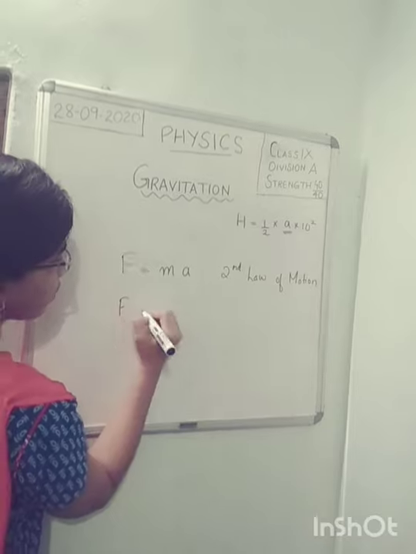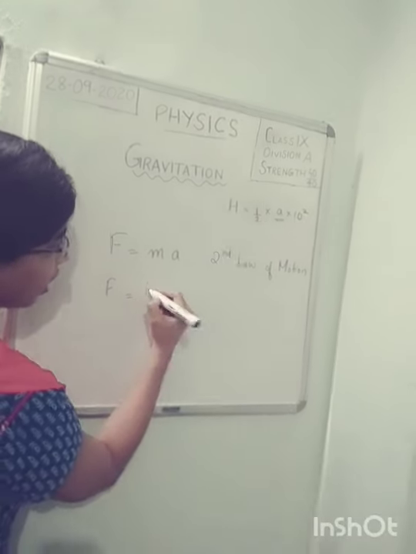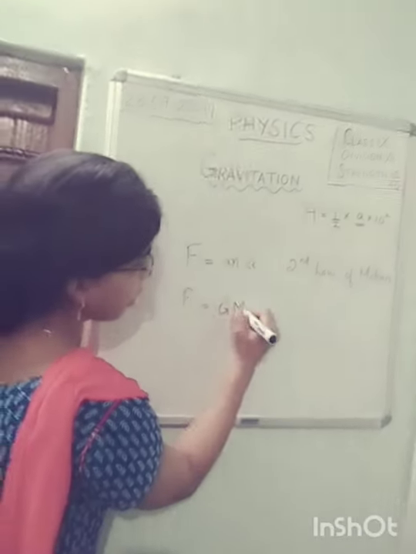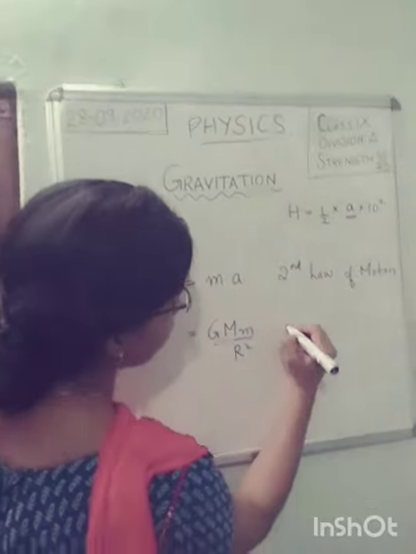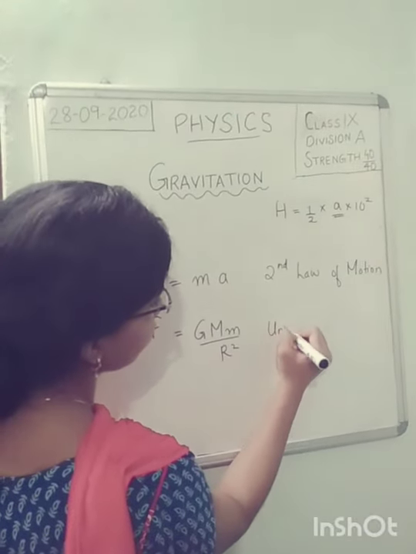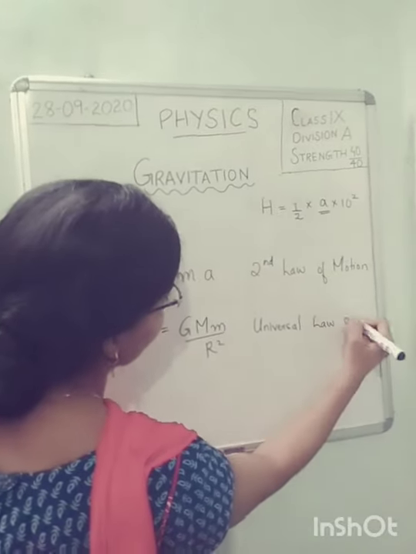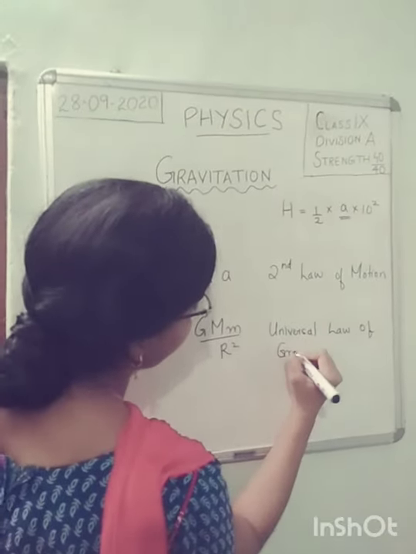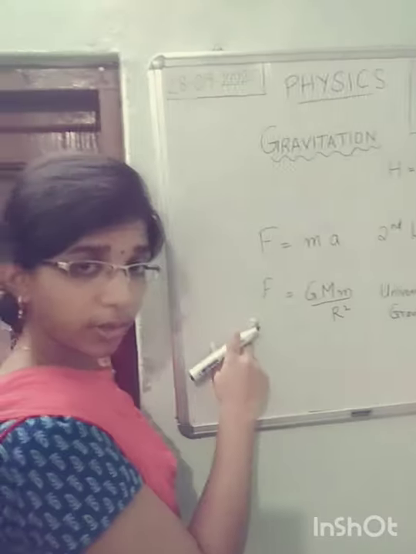According to the universal law of gravitation, the force of gravity equals G into M by R squared. Now can we equate these two equations?